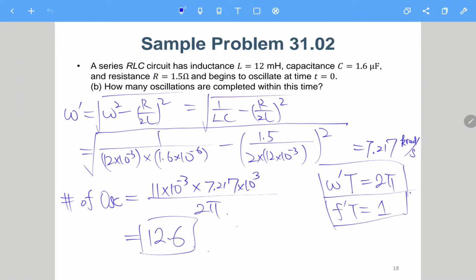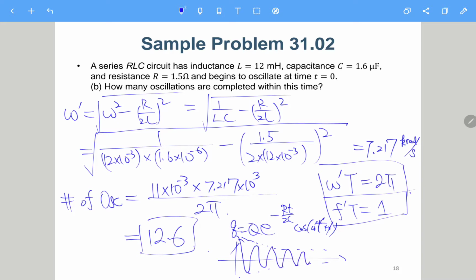Q equals capital Q exponential to negative RT over 2L cosine of omega prime t plus phi. It will be something like an exponential decaying envelope, and then we have another sine wave oscillating like this.